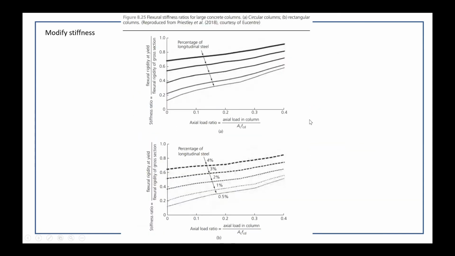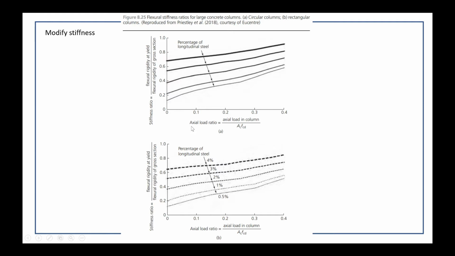Now let's check the stiffness, or effective stiffness. It depends on the percentage of rebar in the member. Now you can check the axial load. When you apply the axial load, this is the axial ratio, axial load in the column divided by AC FCD, and the stiffness ratio 0, 0.2, 0.4, 0.6, 0.8, and 1 is 100%.